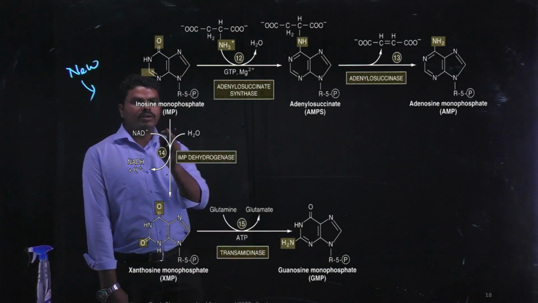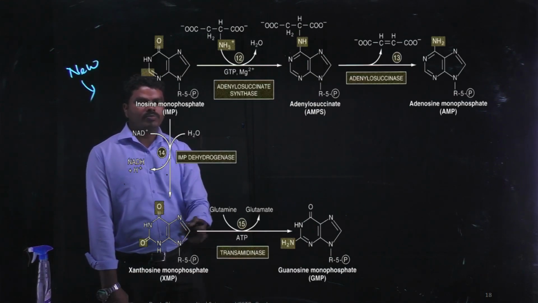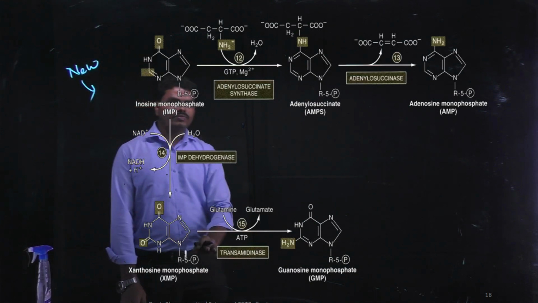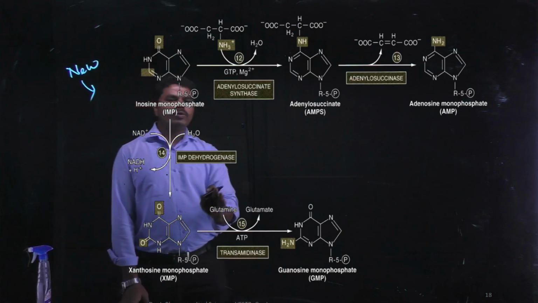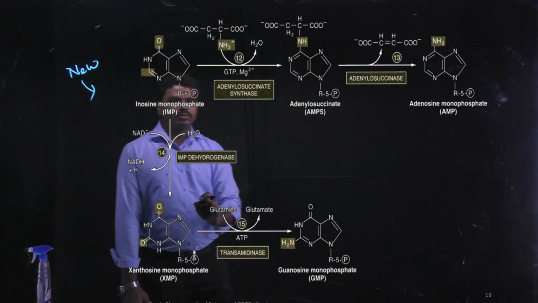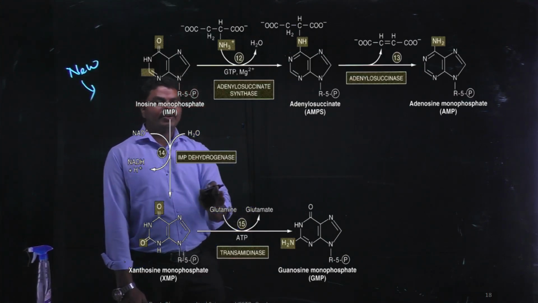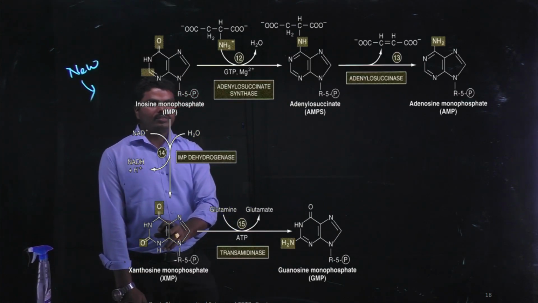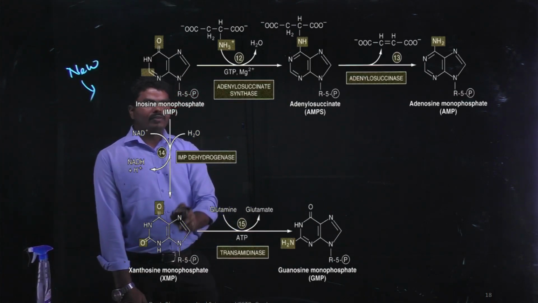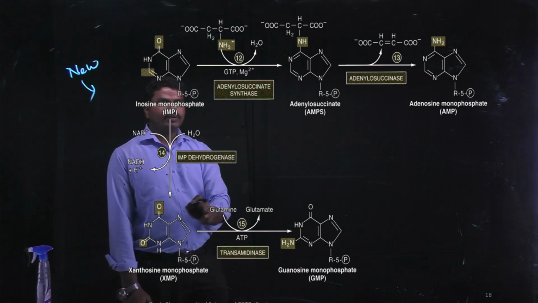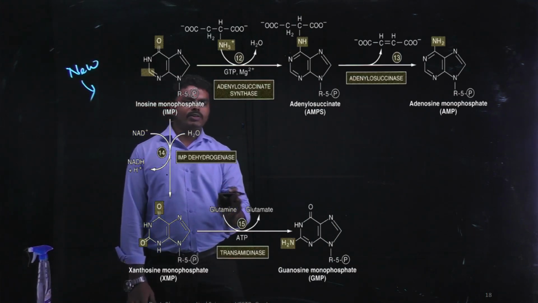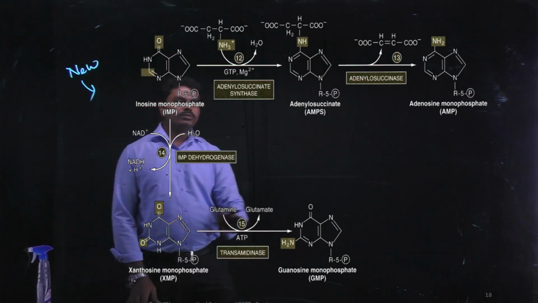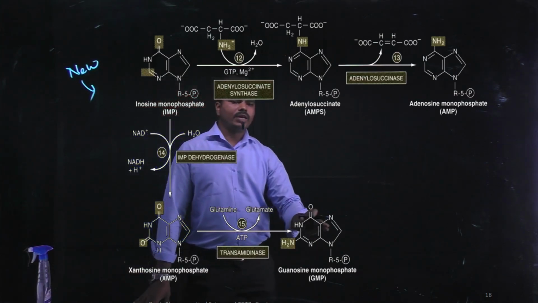After formation of the xanthosine monophosphate, this XMP will receive the amine nitrogen from the glutamine, thereby it will be converted to guanosine monophosphate.